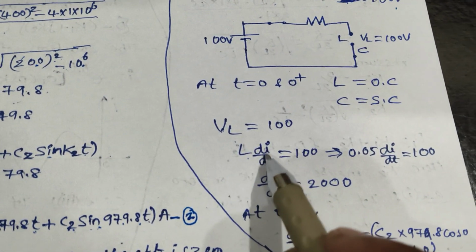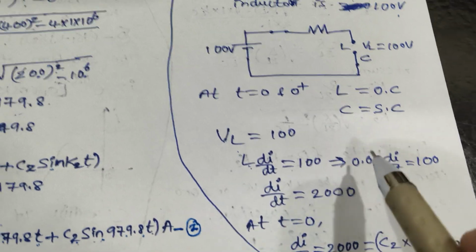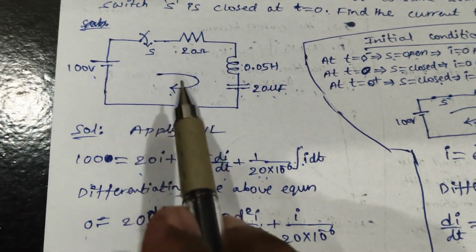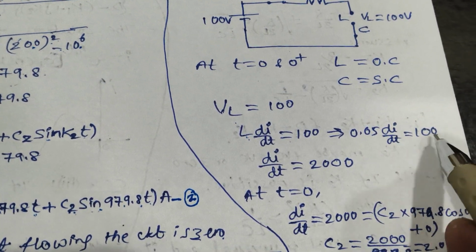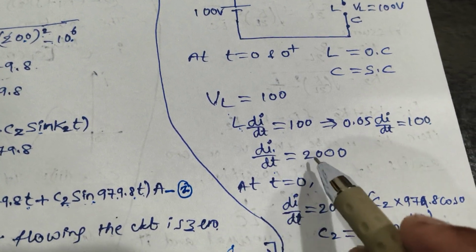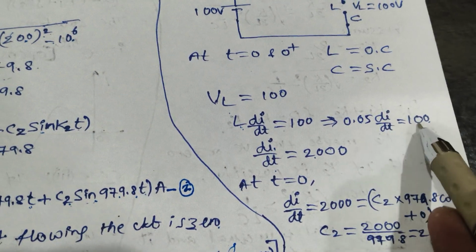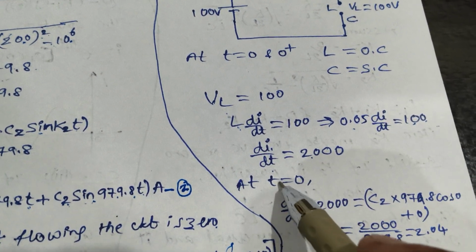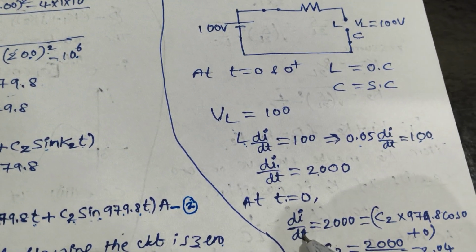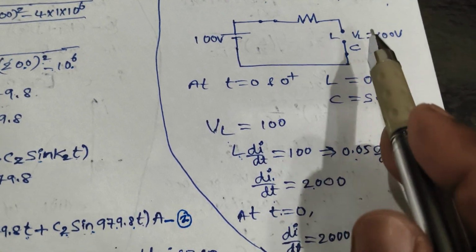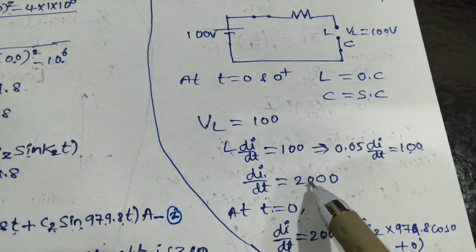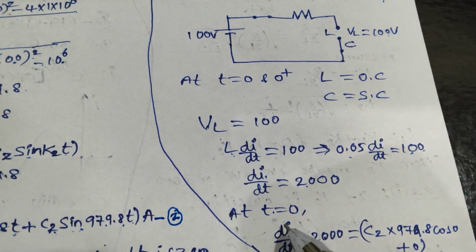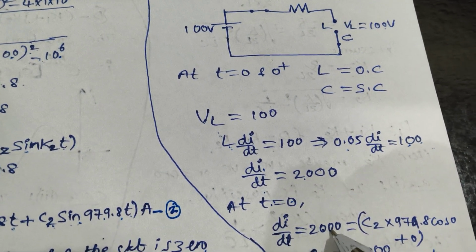So if I want to know di by dt, I'll substitute this L value from the circuit diagram. L is equal to 0.05 Henry. 0.05 into di by dt is equal to 100. Out of that, di by dt is equal to 2000, because 100 by 0.05. At t is equal to 0, di by dt is equal to 2000.